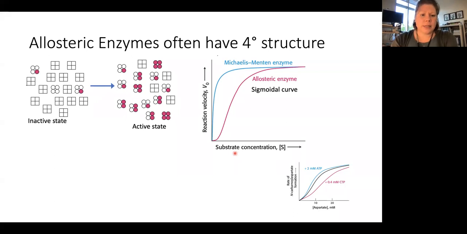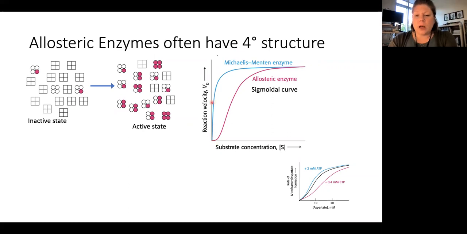So the next thing we want to look at is comparing the Michaelis-Menten curve. You can see here with Michaelis-Menten, initial reaction velocity tends to shoot up as we just marginally increase the substrate concentration, right?